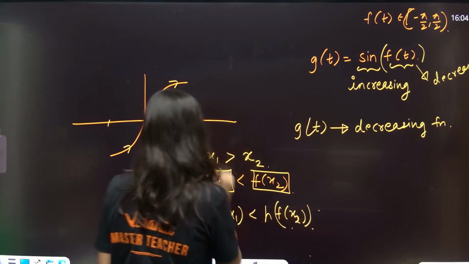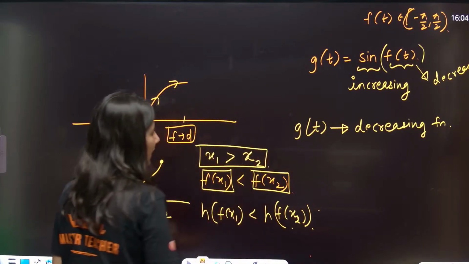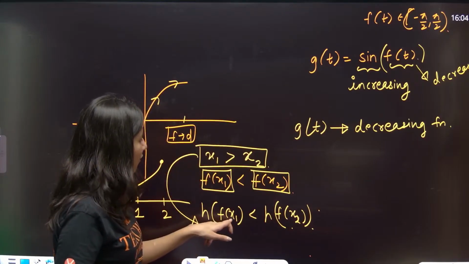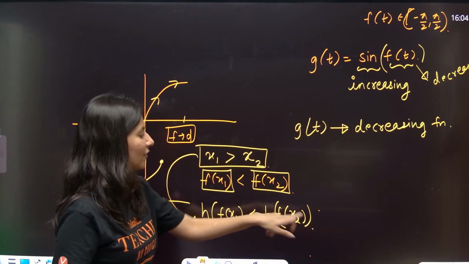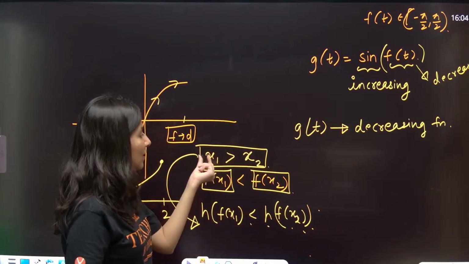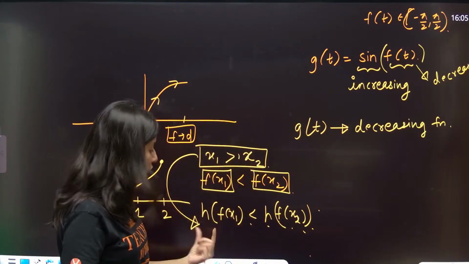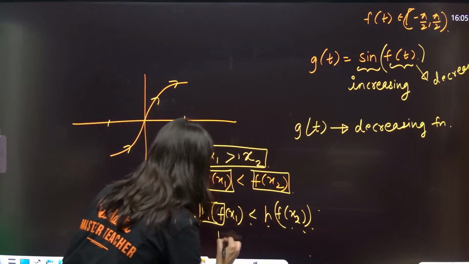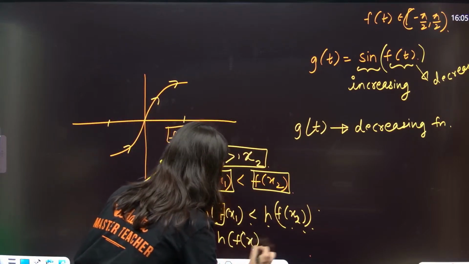Now understand, you started with x1 greater than x2 and you landed on h of f of x1 being less than h of f of x2. So when one number is greater than the other, the value of the whole function is coming lesser. That means h of f of x is a decreasing function.